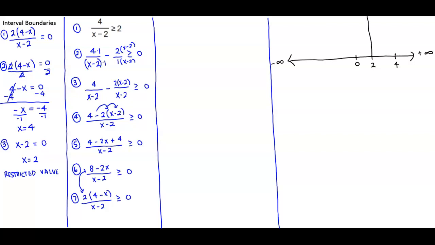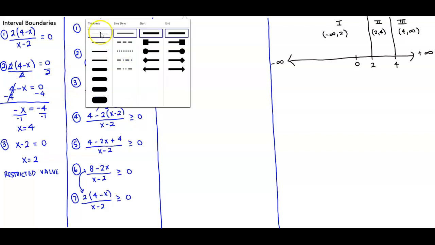So that's going to give us 3 intervals. Interval 1, interval 2, and then interval 3. The first interval goes from negative infinity to positive 2. The second interval goes from 2 to 4. And the third interval goes from 4 to positive infinity.